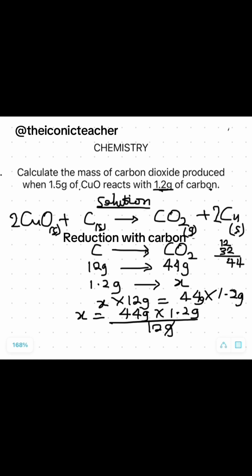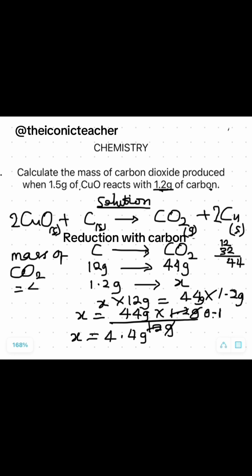So this gram cancels this gram, and we divide this by this, you get 0.1. So x is 44 multiplied by 0.1, which will give us 4.4 gram. So the mass of carbon dioxide produced in this reaction is 4.4 gram.